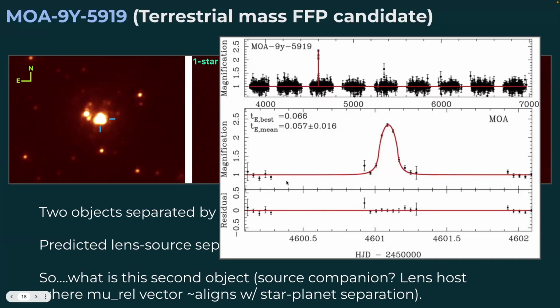But it also very well doesn't have to be any signal from the host star at all. So it's still up in the air. There's not a firm answer yet, but there are definitely two objects that are very close to each other on this target. That's all on 5919.